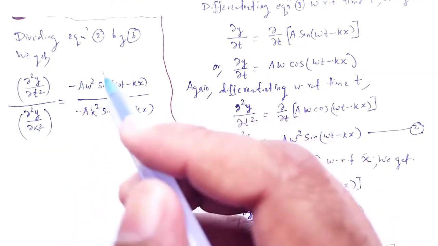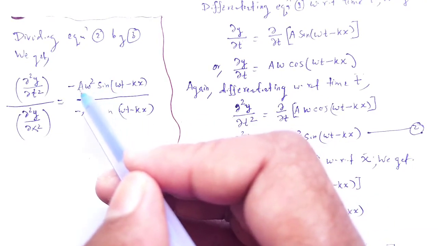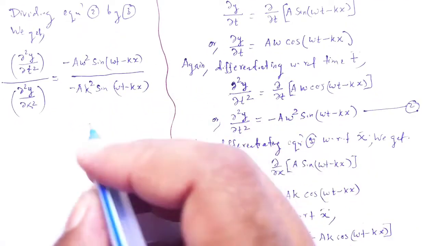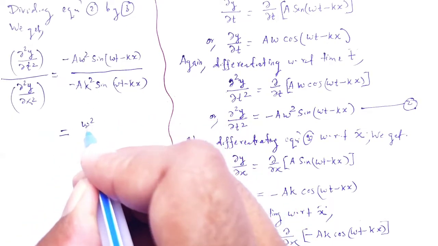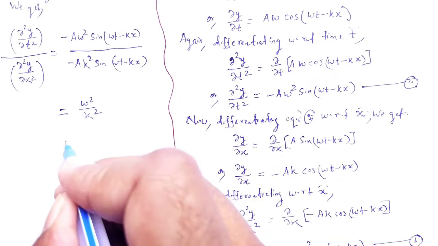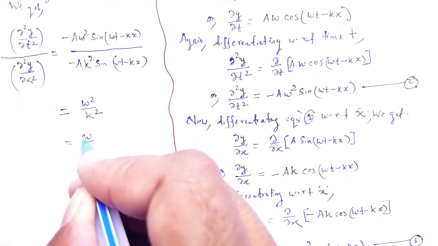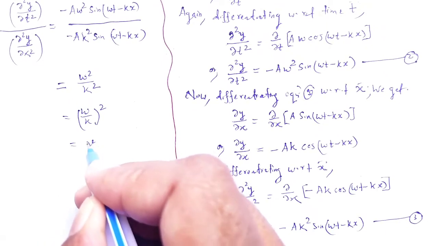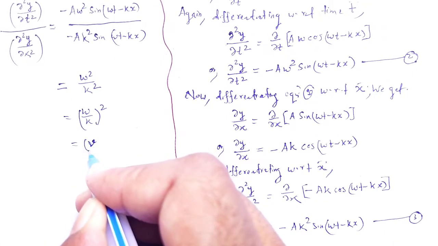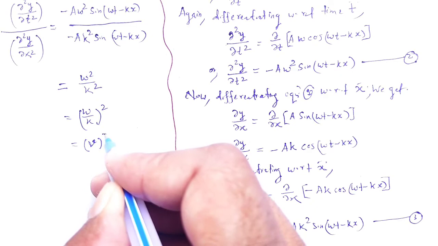So negative and negative, and a and a cancel out. So here we have omega square by k square, therefore omega by k whole square, that is the wave velocity v square.